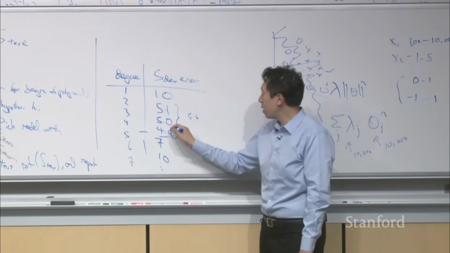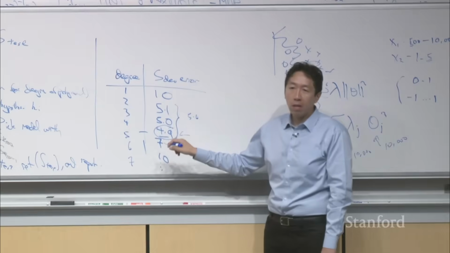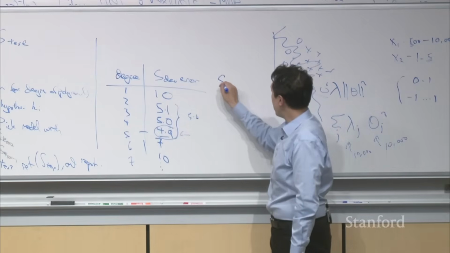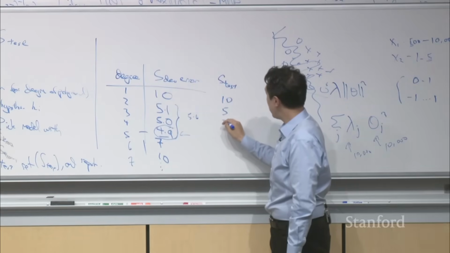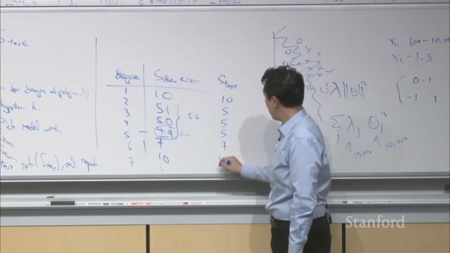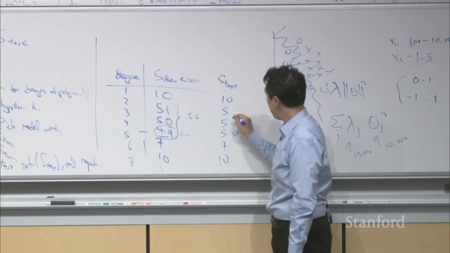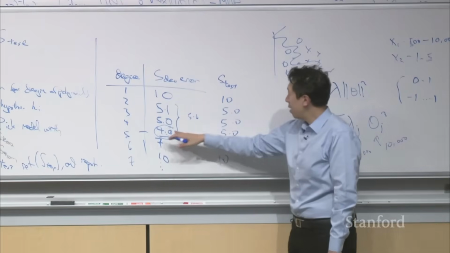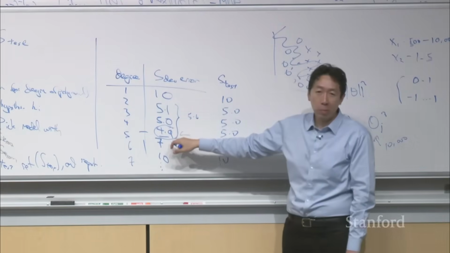Which is why your dev set error is a biased estimate. Whereas if you have a very large test set, maybe the true numbers are 10, 5, 5, 5, 7, 10, your actual expected squared errors. It's just that because of a little bit of noise, you got lucky and you reported 4.9.